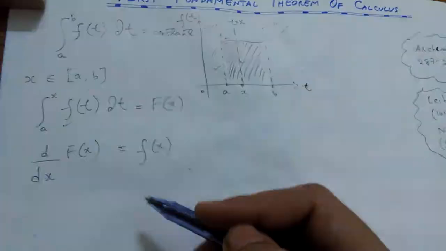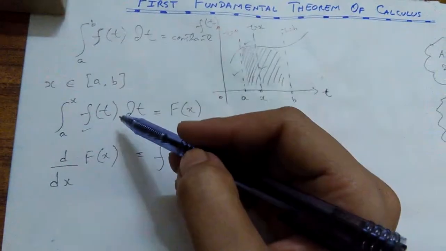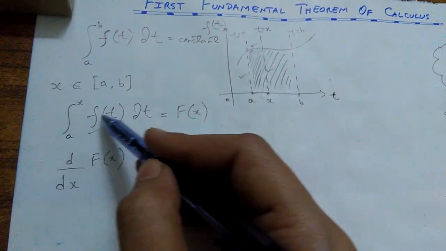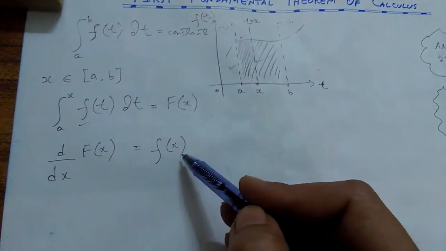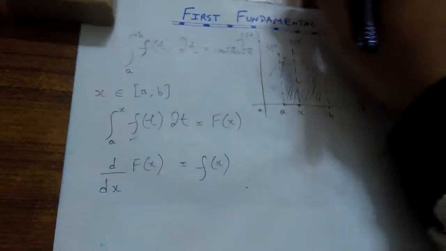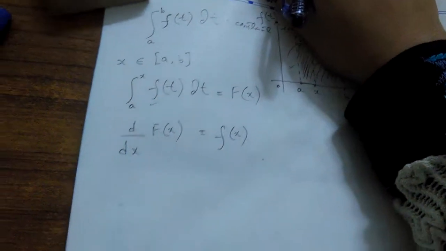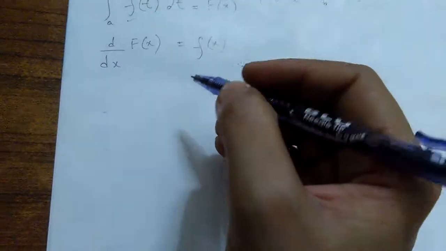That's what this theorem is all about, and that's how it is relating integral calculus with differential calculus. So let us try to understand this theorem by means of an example.